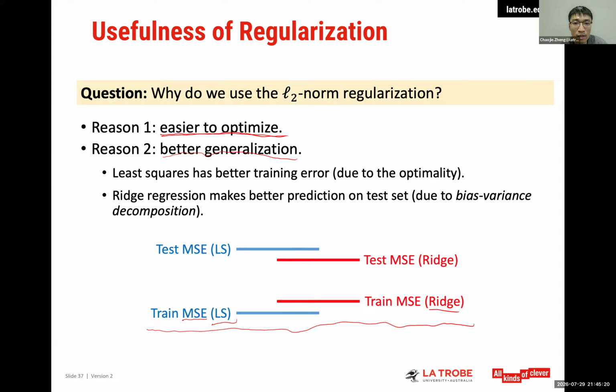But when the trained model is applied on the test set, the ridge regression model can achieve lower test error than the least square model, because the least square model may have higher complexity and is more prone to overfitting, and thereby it may not handle the unseen data as well as the ridge regression.